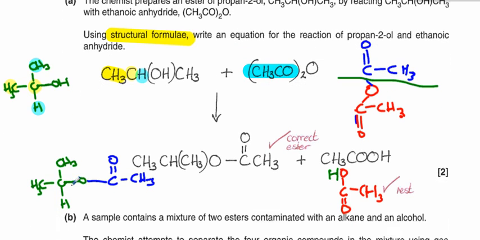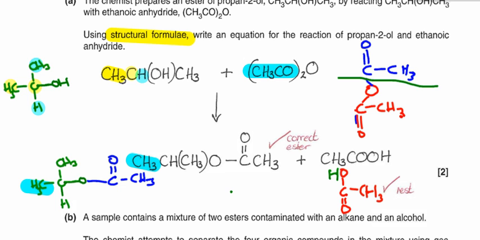When it reacts, I make my ester with the alcohol, notice, lost its H. The acid anhydride forms the bond there to make the ester, and I'm left with the rest of my acid anhydride, which bonds with that hydrogen off the alcohol to form my carboxylic acid. No problem drawing my carboxylic acid as a structural formula, but just have a look at the way I've drawn this ester. So I've got my CH3 here, which is that CH3 there.